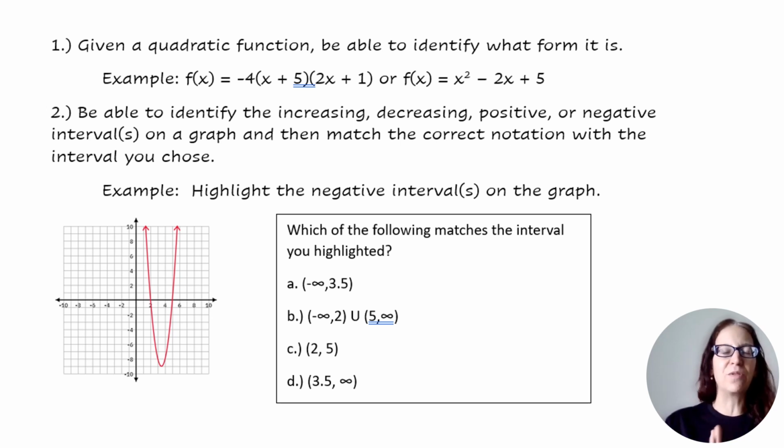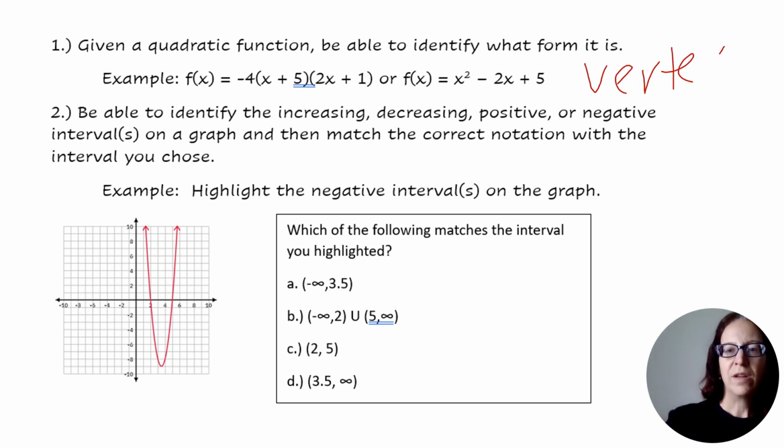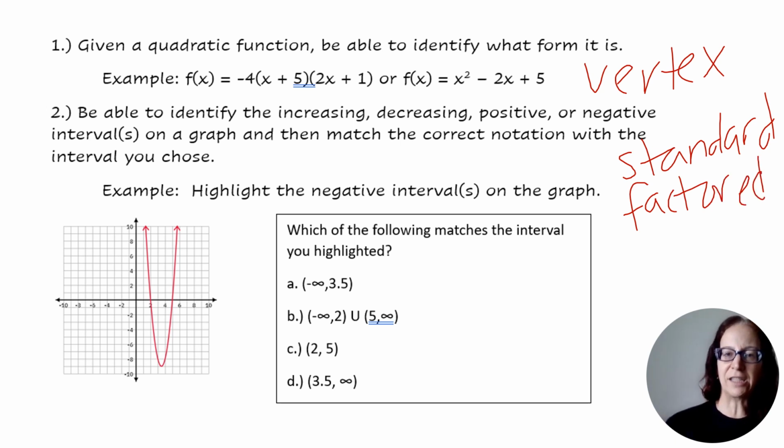So the first one here: given a quadratic function, be able to identify what form it is. There are three forms of quadratic equations. They are vertex form, standard form, and factored form. You need to be able to identify them.